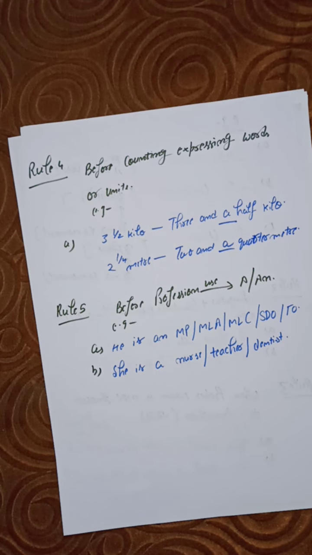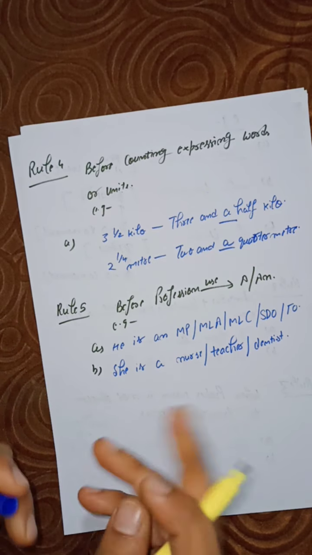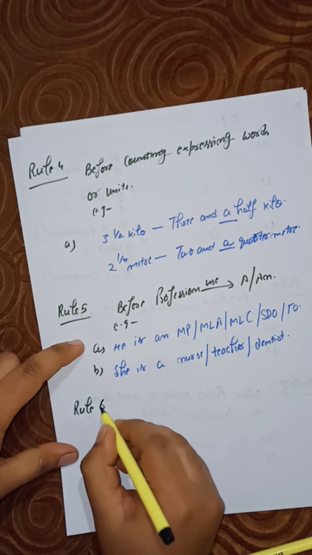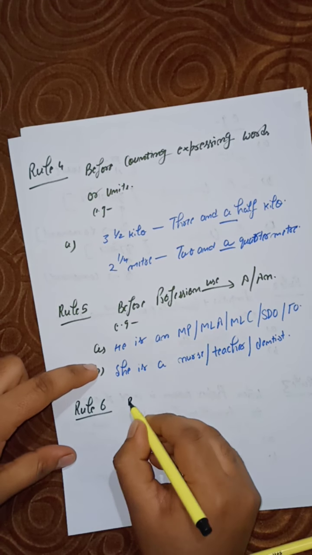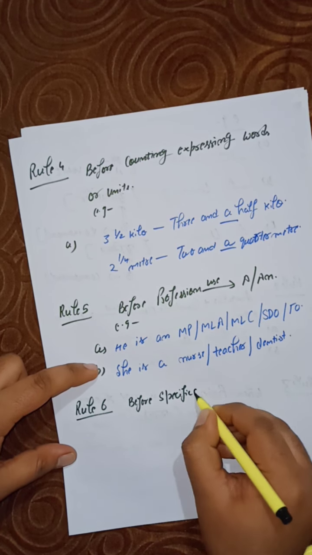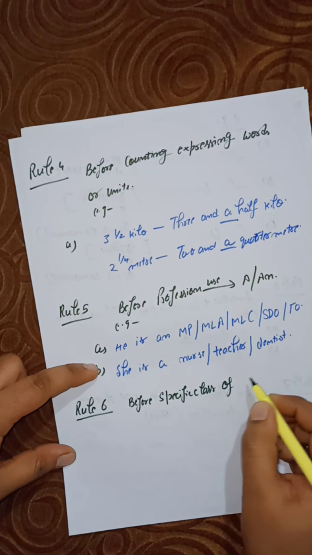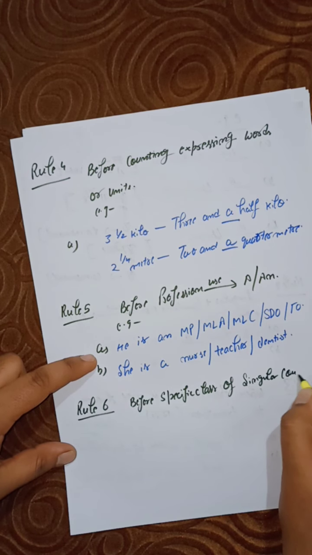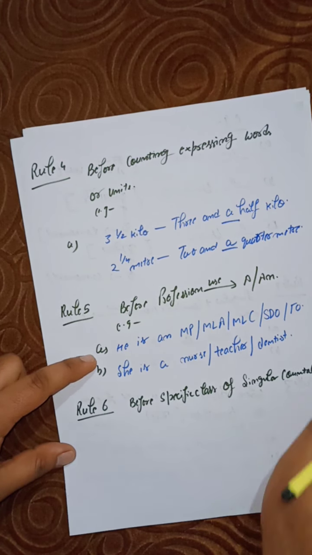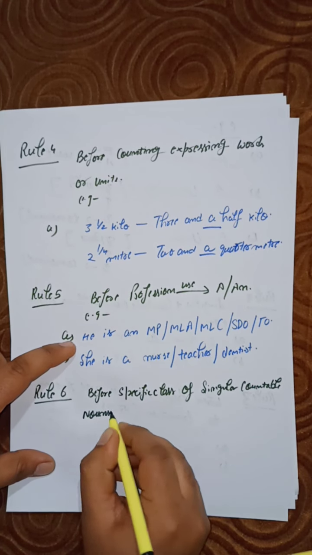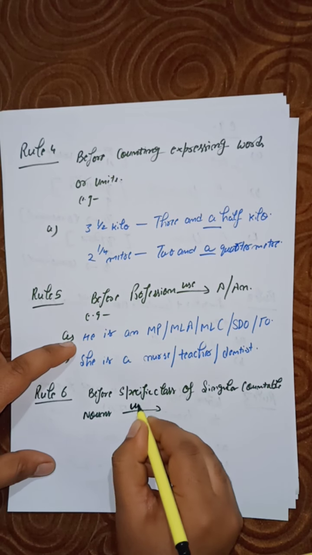Let's move to rule number six. Rule number six says that we can use the article a before a specific class of singular countable nouns.